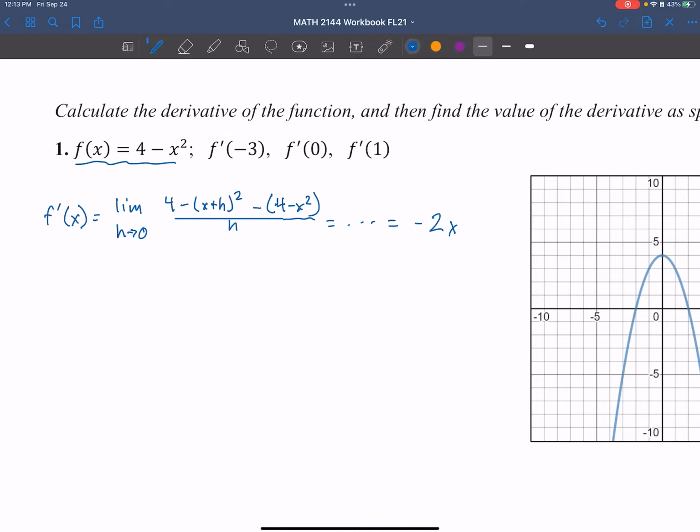So we found that f prime of x is equal to minus 2x, and we're asked to find f prime of minus 3. This means plug negative 3 into the derivative. So f prime of minus 3 is minus 2 times minus 3, which is positive 6.